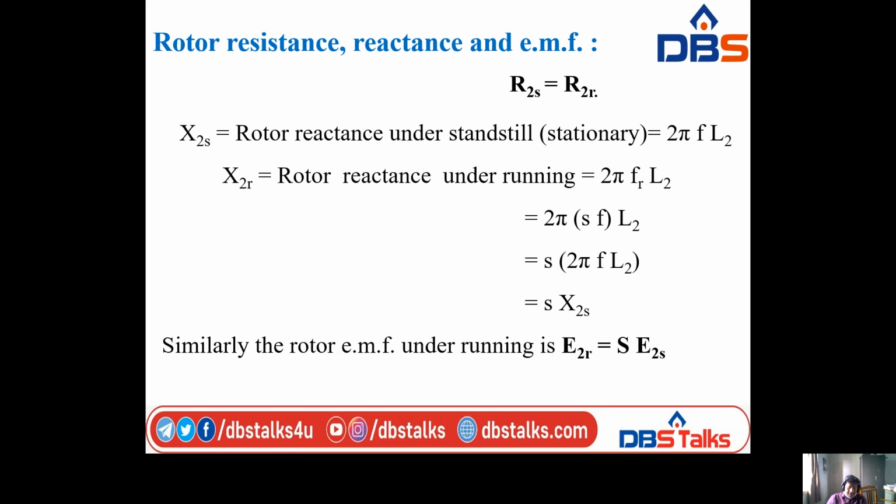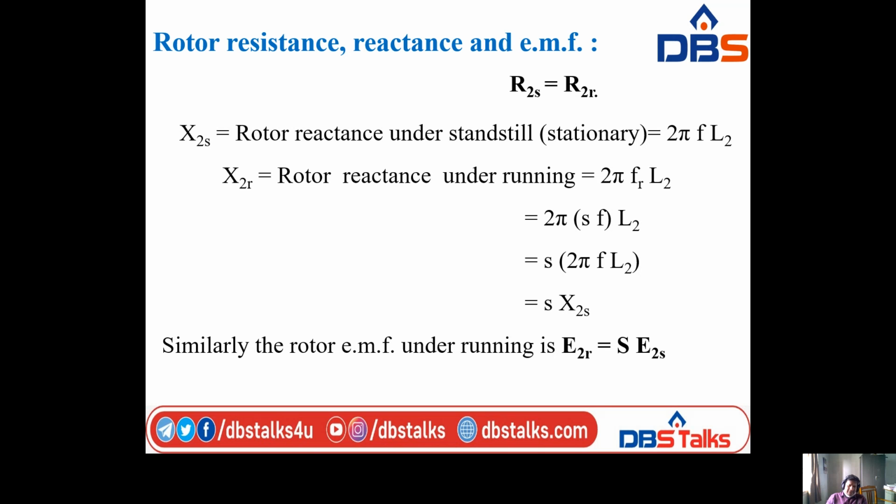This is due to the rate of cutting of flux by the rotating magnetic field being maximum, as the relative speed is highest when the rotor is at rest. As rotor speed increases, the resultant speed decreases. Now E2R is equal to S times the stator EMF. At standstill S is equal to 1, therefore E2R is equal to E2S.